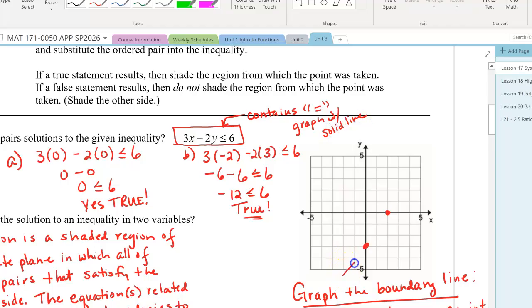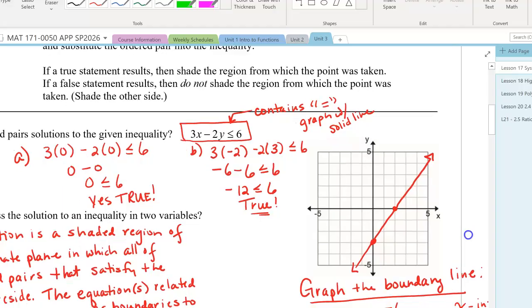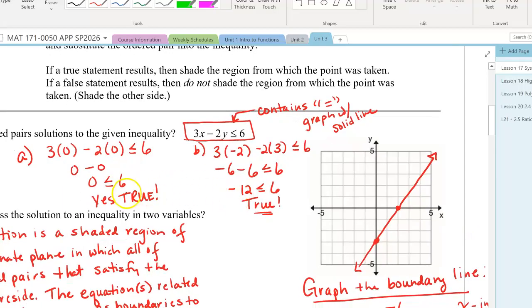So I'm going to connect these 2 points with a solid line. And what this line does is it divides the coordinate plane into a region that works and a region that doesn't. To figure out which region works, we look at the ordered pairs that did work.